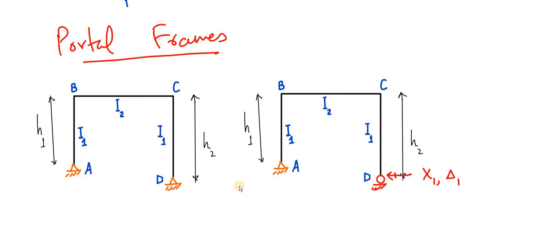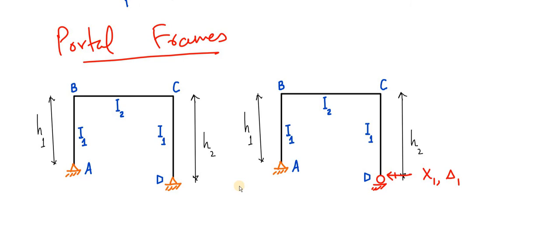And now further, since we haven't considered any specific external loading, we have just considered any frame, its geometry, its moments of inertia of different members, different heights, H1, H2, and we have just shown the supports.